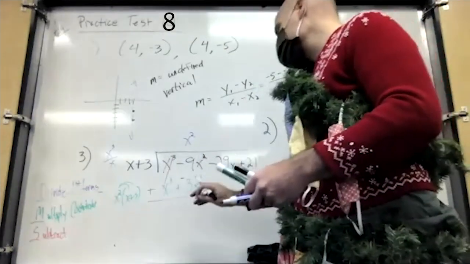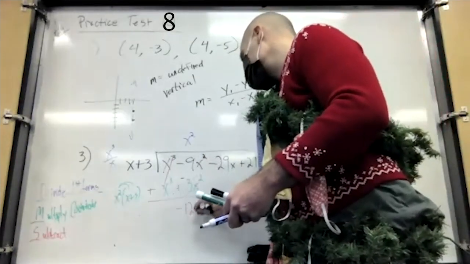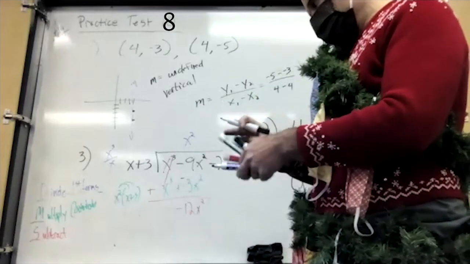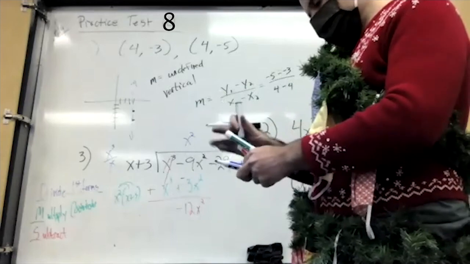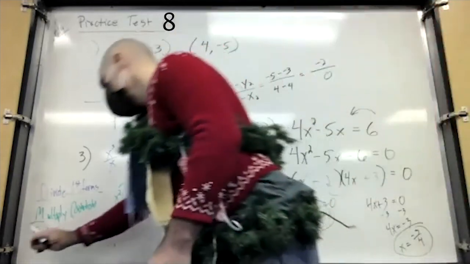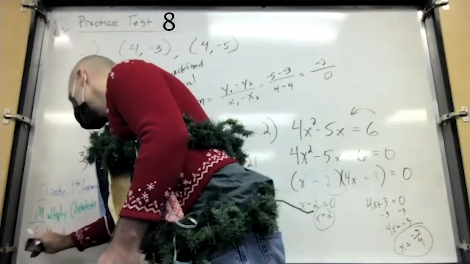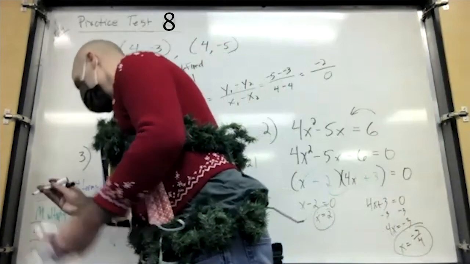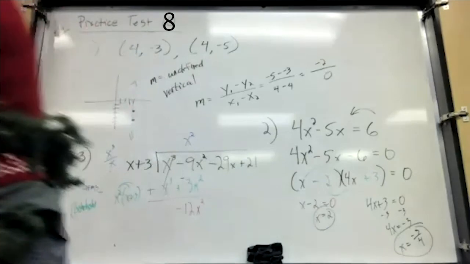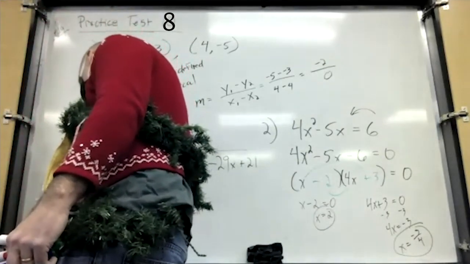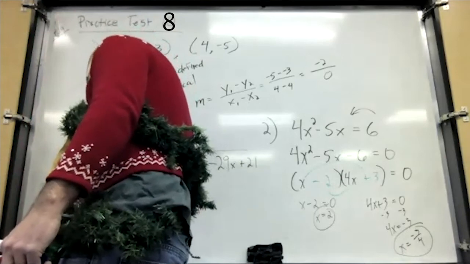Negative 3 and negative 9 is negative 12x squared. Last step, bring down the next term. So dirty monkey smell bad. D, M, oh, that's a new one. SB, bring down next term, and then start over.